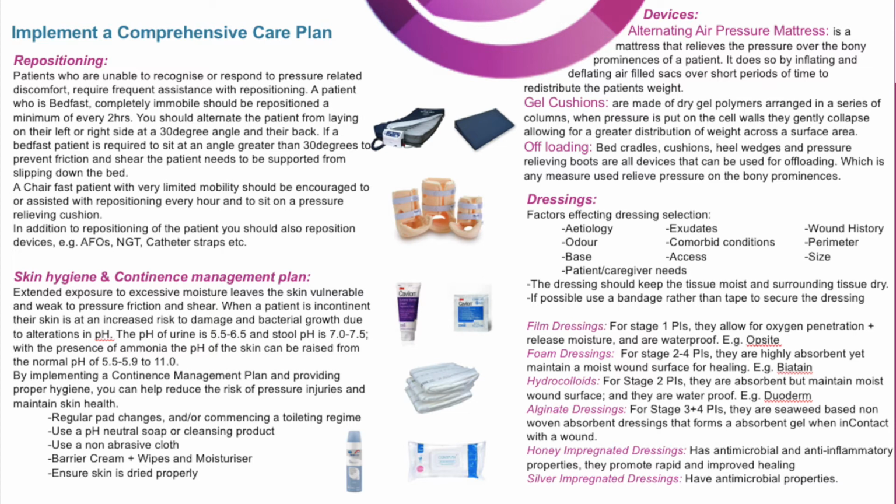The pH of urine is 5.5 to 6.5 and stool pH is 7.0 to 7.5. With the presence of ammonia, the pH of the skin can be raised from the normal pH of 5.5 to 5.9 to 11. By implementing a continence management plan and providing proper hygiene, you can help reduce the risk of pressure injuries and maintain skin health.